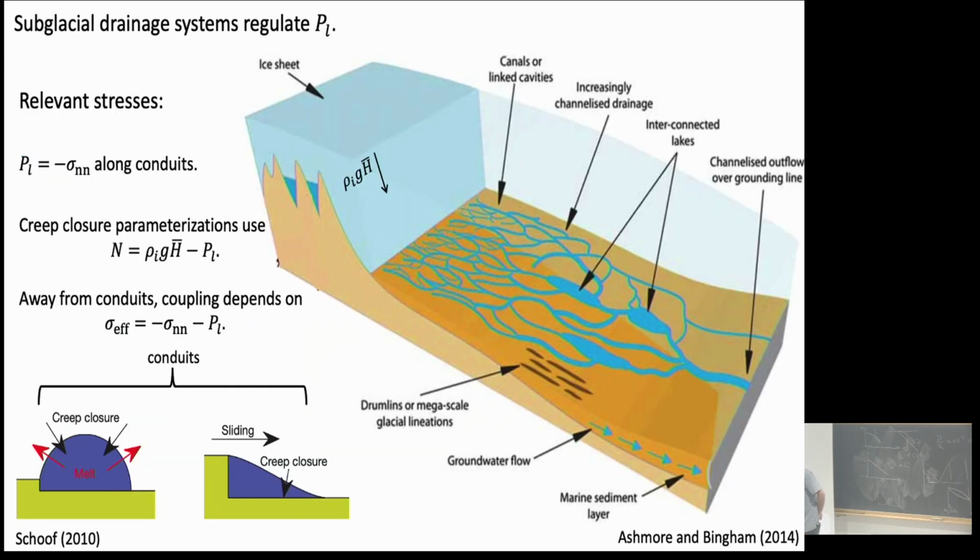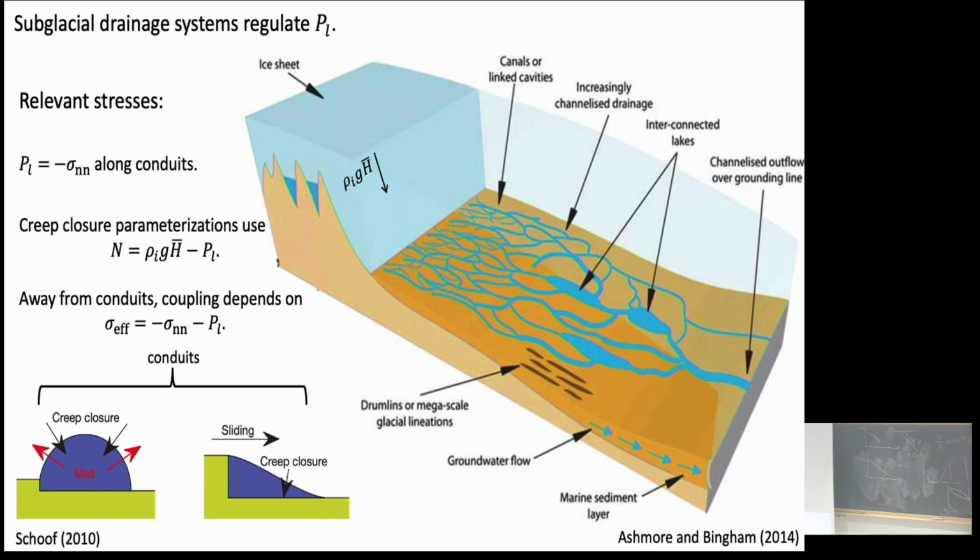So we have to talk about water pressure, and this brings up a whole other class of models in the field of trying to predict what the water pressure is underneath glaciers. At current times, these models of how the ice moves and how the water moves are usually decoupled.